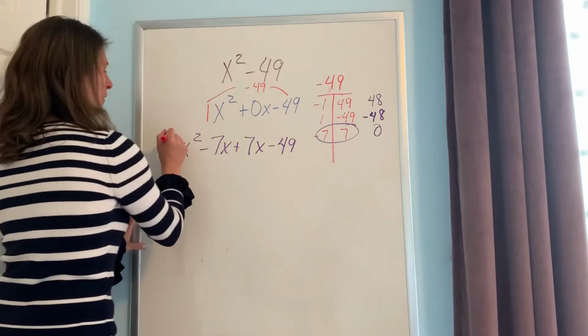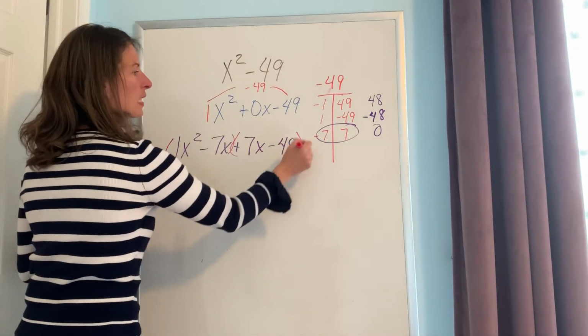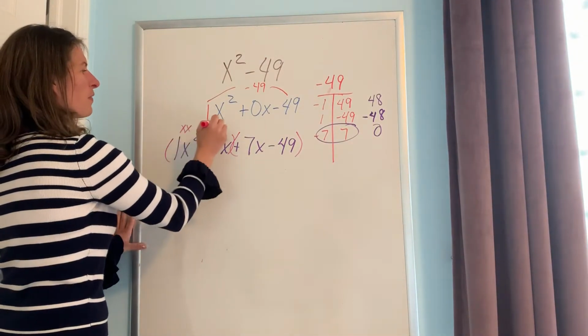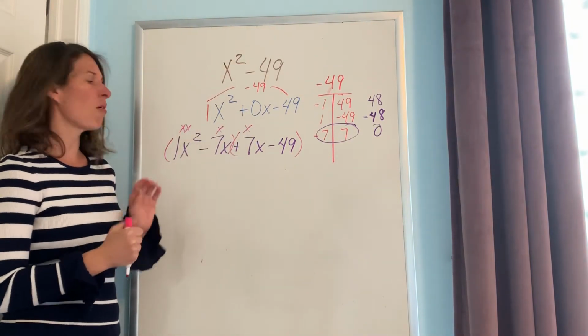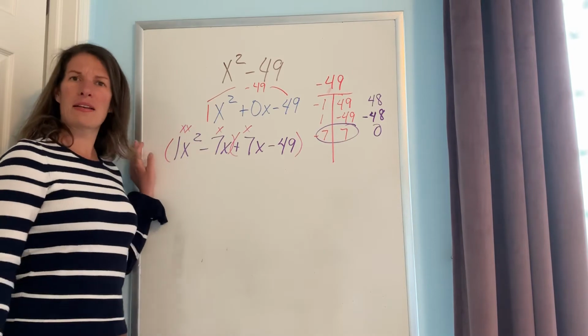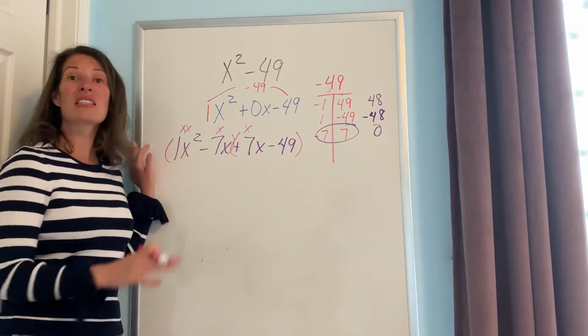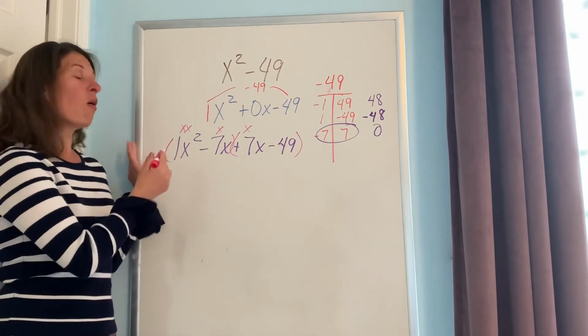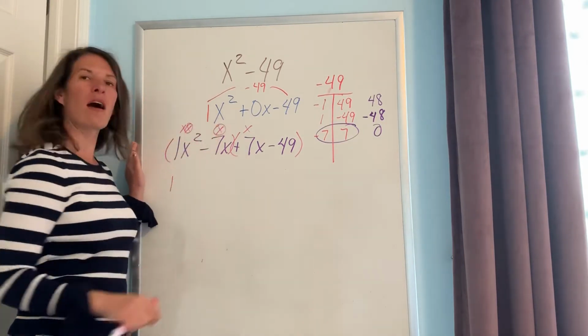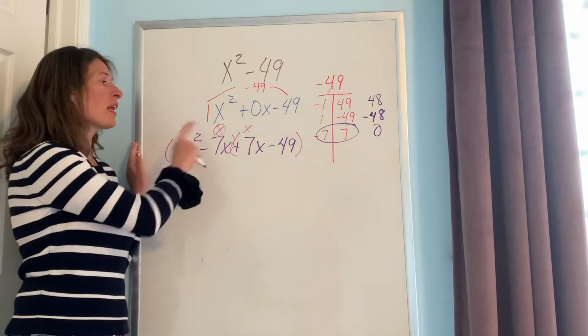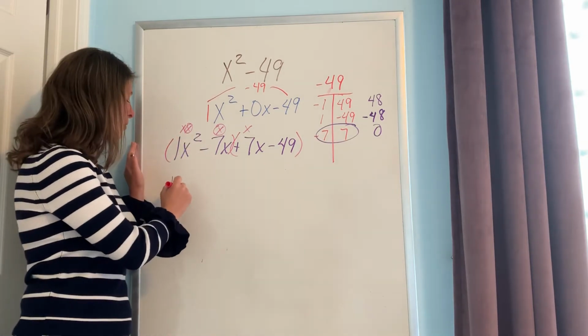So I'm going to put parentheses around the first 2 terms and the second 2 terms. I'm also writing my variables above, just so it makes it easy for us to see. So, what number can go into 1 and 7? 1 and 7 is a prime number, so only 1 can go into both of them. I'm going to circle the x's that I have, which means I only have 1 x in each term that can be taken out.